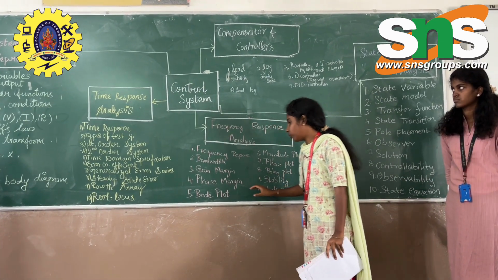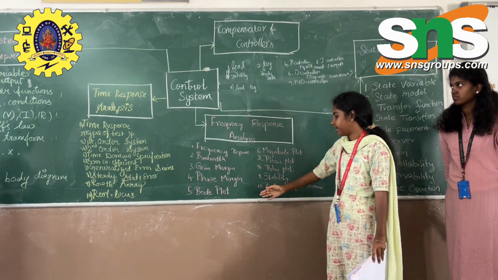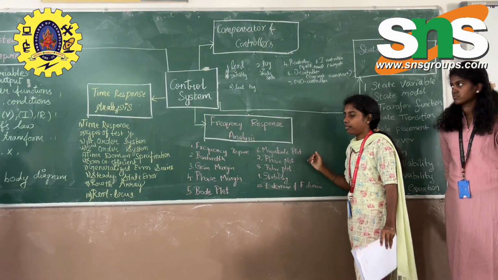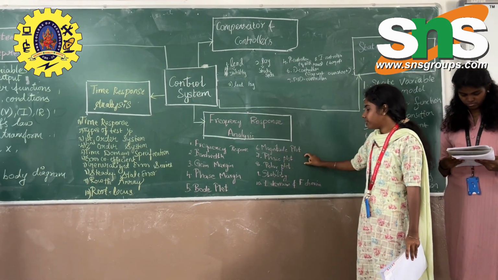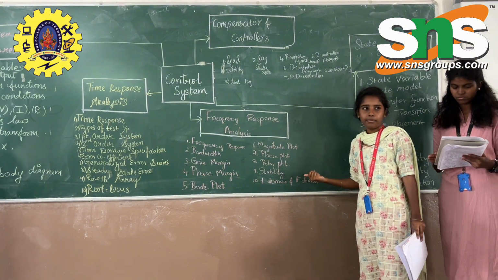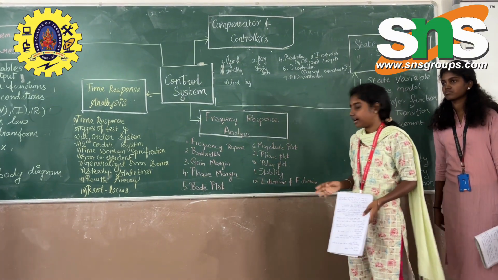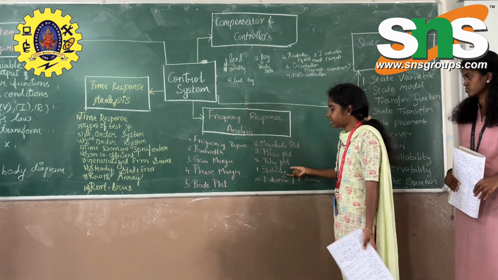Next is the Bode plot, which consists of a magnitude plot and a phase plot. The magnitude plot is plotted between gain and frequency, and the phase plot between phase and frequency. Next is the polar plot, which is used to find whether the system is stable or not. Next, what is stability?